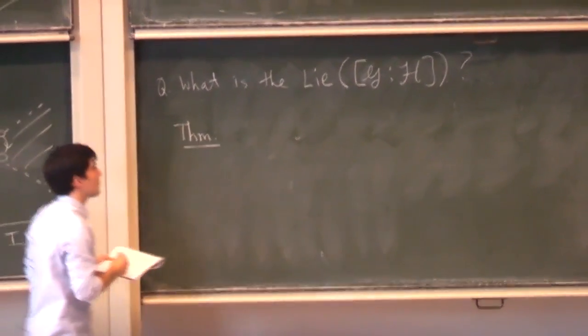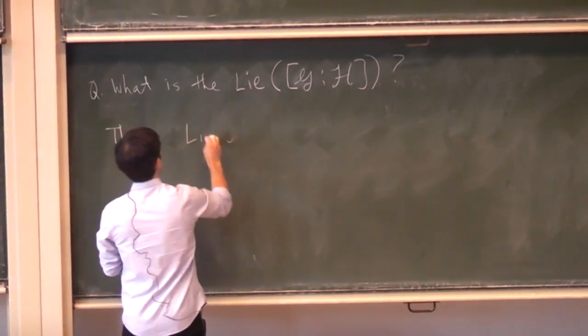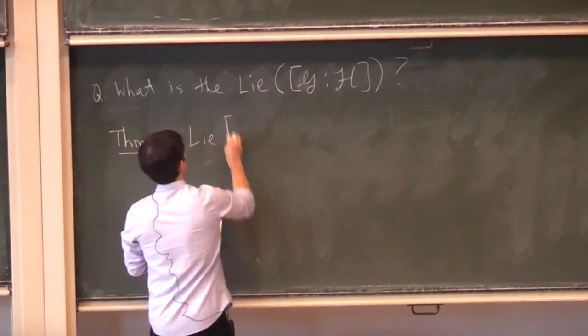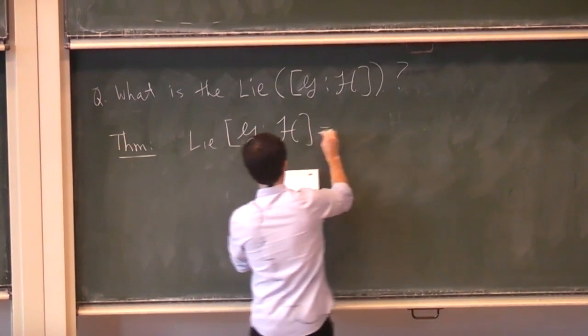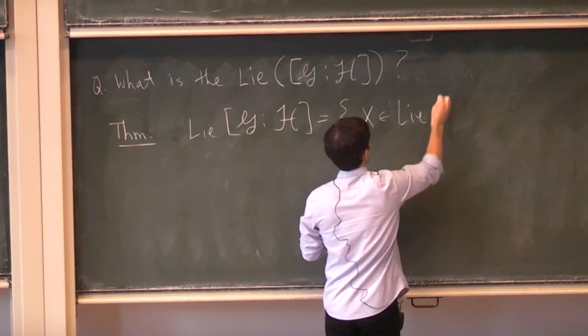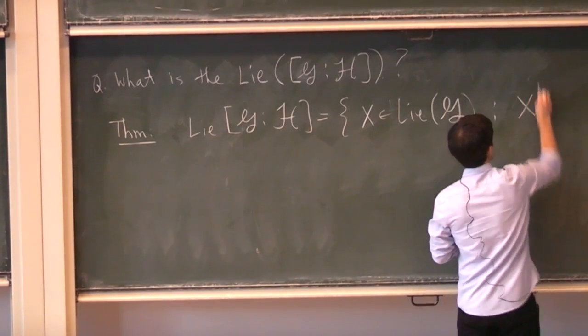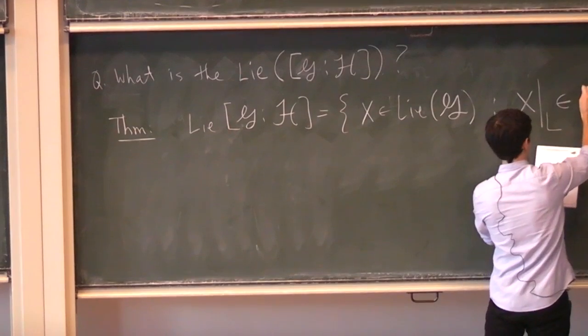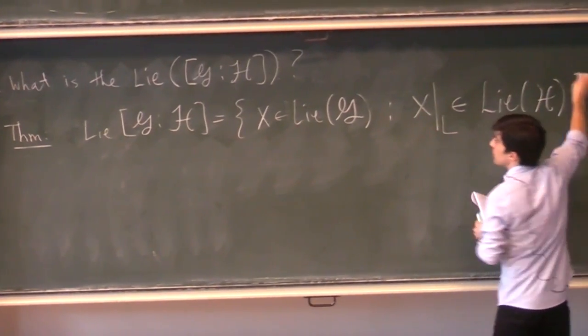For those that are familiar with it, you may be able to guess that the Lie algebroid associated to this blow-up is exactly the sections of the Lie algebroid of G such that when you restrict them to L, they're actually sitting inside the Lie subalgebroid Lie of H.